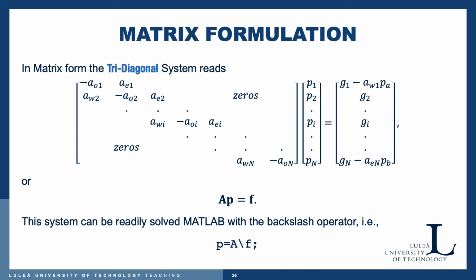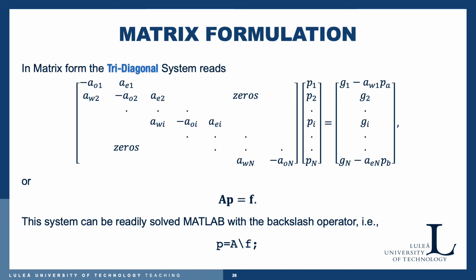So we have three non-zero diagonals, and the rest of the matrix is just zeros. You can see in the first row of the right hand side vector we have the boundary condition for the x_a boundary, and on the last row we have it for the x_b boundary.